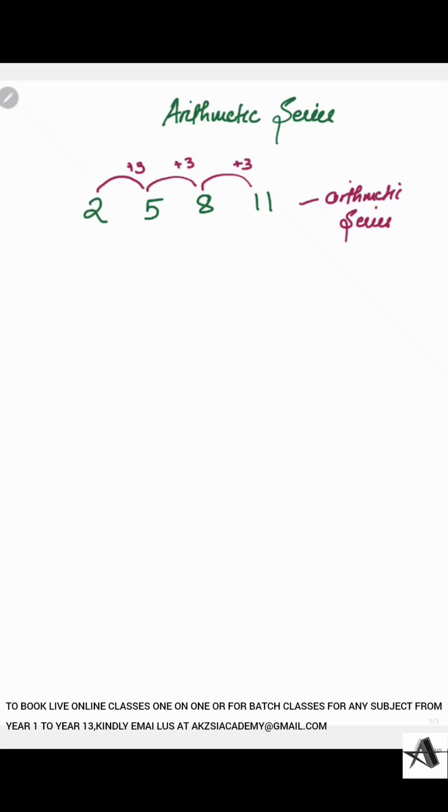If I try to find the nth term, it would be very simple to find. This is our first term. Let me say A be the first term, this is T1, and let's say D be the common difference.